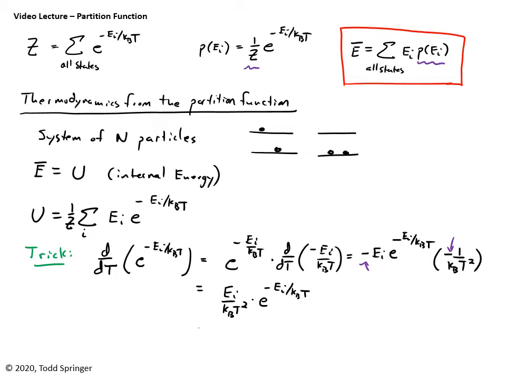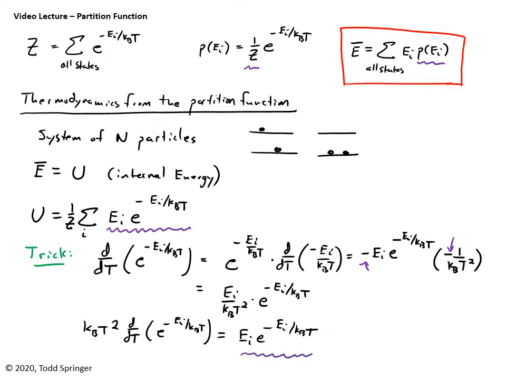And let me put the k_B T squared on the other side, times the derivative of e to the minus E_i over k_B T is equal to E_i, e to the minus E_i over k_B T. Okay, why did I do that? Because this thing here in the sum, E_i, e to the minus E_i over k_B T, is exactly this. And what I just showed is that you can write that in terms of the derivative, which is shown here. And so we're going to use that.